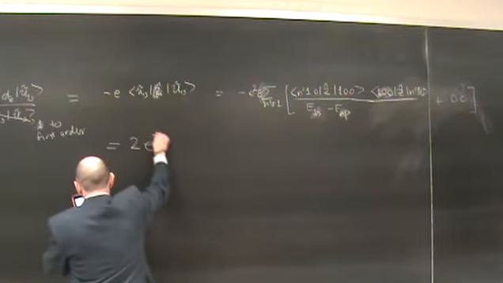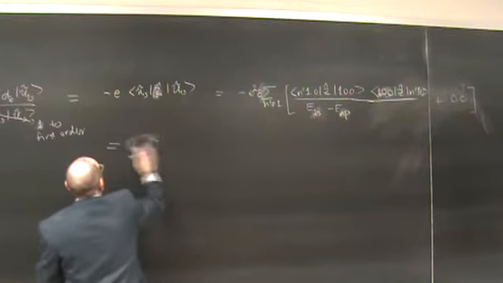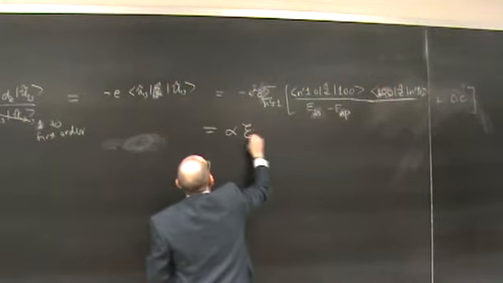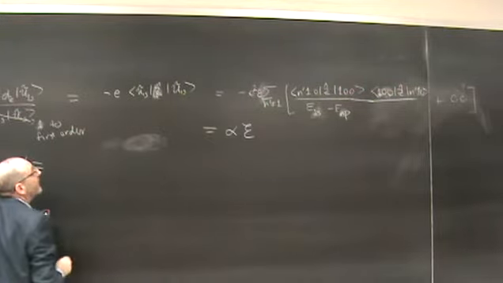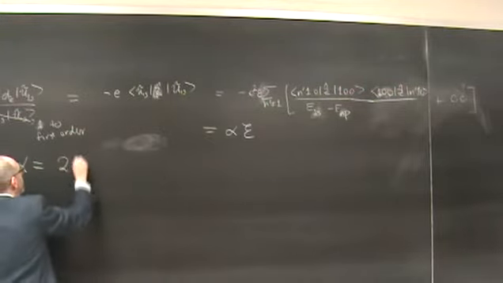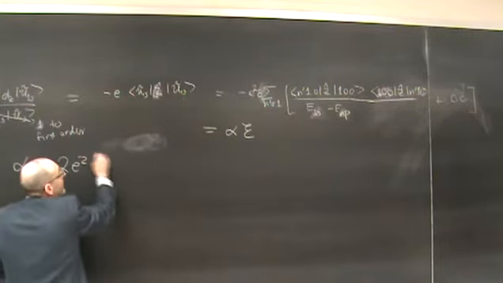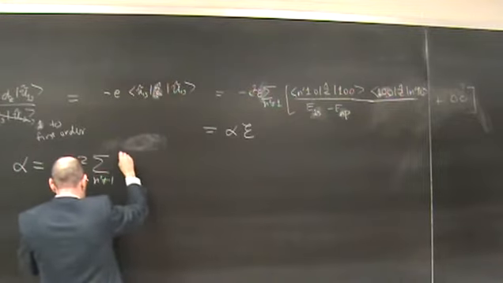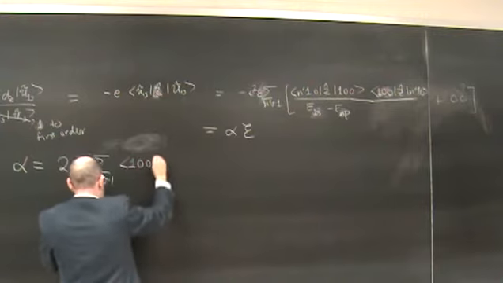So the bottom line here is that this is, as just before, proportional to the electric field, and we have the polarizability calculated in perturbation theory is 2e squared, those two terms are equal because that is real, times the sum over n prime not equal to 1, times this matrix element.